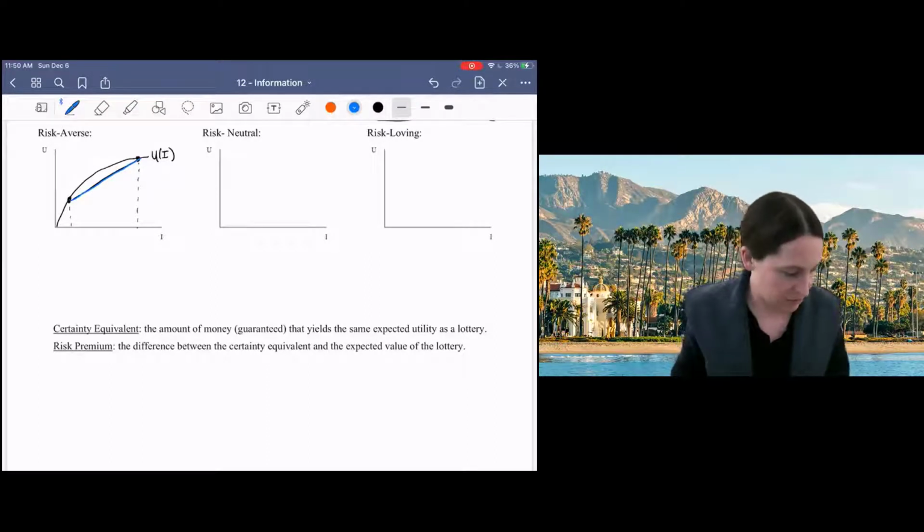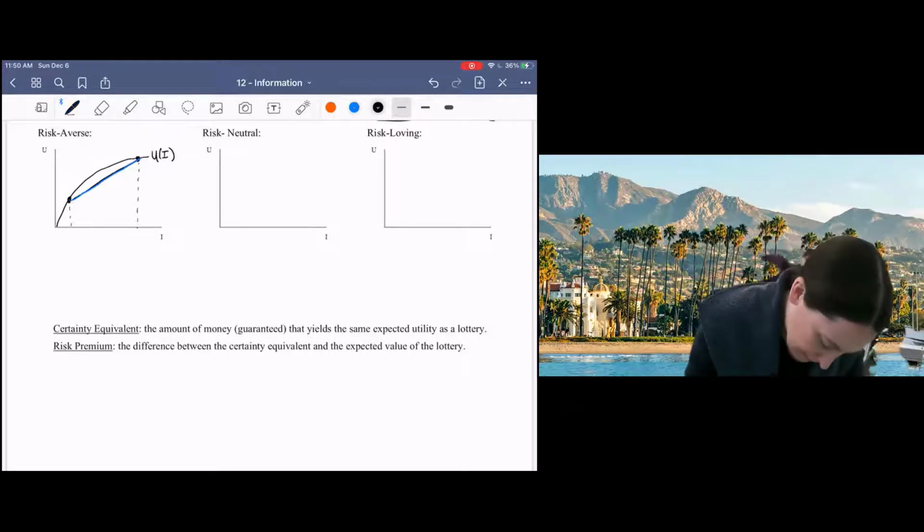So let's write that out. So here we have the payoff from expected outcome 1 and the payoff from expected outcome 2. And then in the middle, some expected value of the lottery.